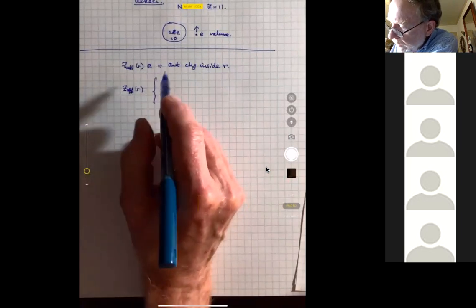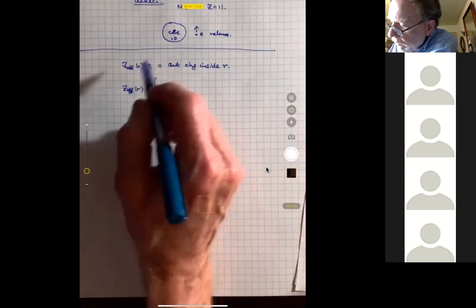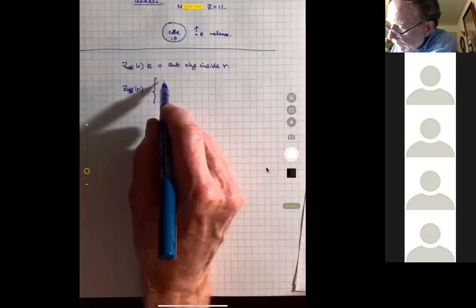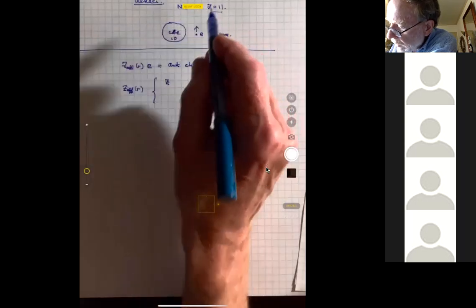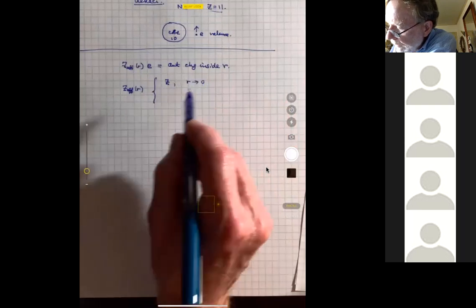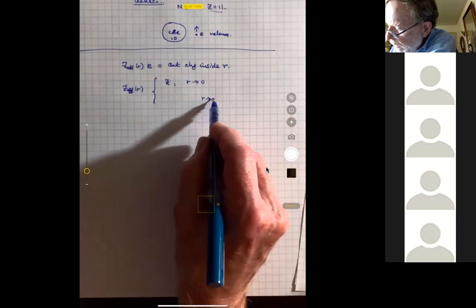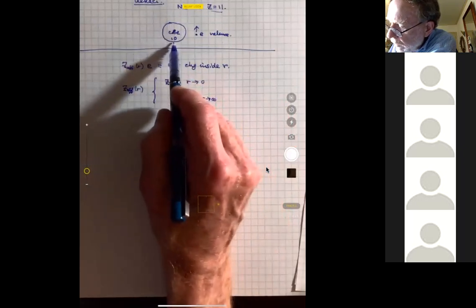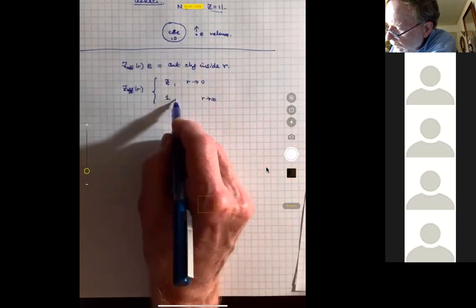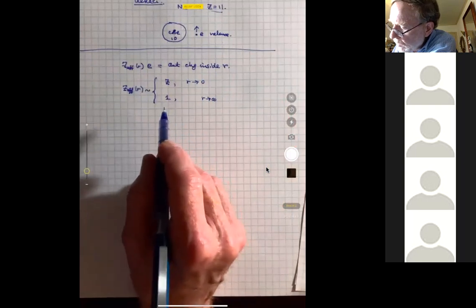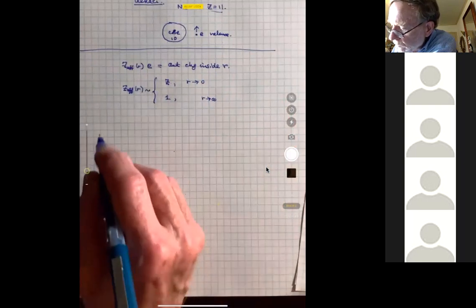If you approach the nucleus, if you take a sphere of radius r and let it shrink down towards the nucleus, so that as r goes to 0, then Z effective is equal to Z, which in the case of sodium is 11, the total unscreened charge of the nucleus. But as r goes to infinity, you get the charge of the nucleus minus the charge of the core electrons, which just leaves one left over. So the Z effective goes like this, you see, in these two limits.